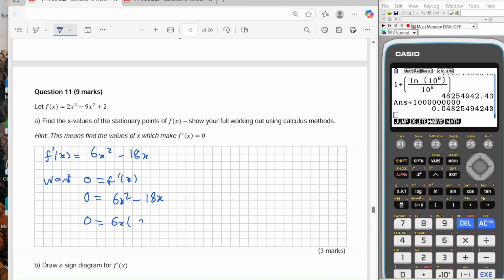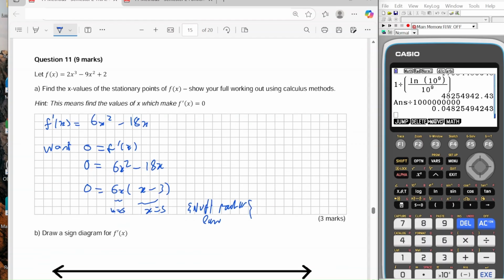So 6x is a common factor, and we get x take 3 there. So we're going to get x is 0 or x is 3 using the null factor law. And so the stationary points are x is 0 and x is 3.